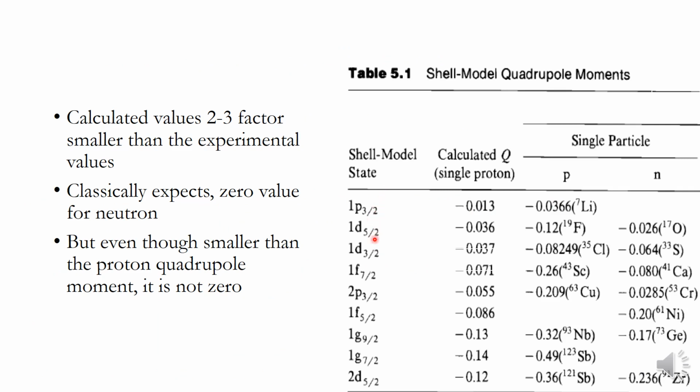For this one and for this one, you can see these calculated values are all negative, but for the case of proton, the single finally filled odd proton, the experimentally calculated values are this one. You can notice the difference between the two.